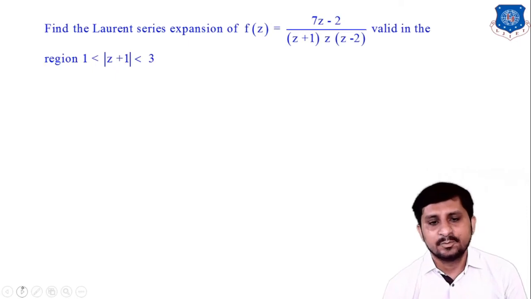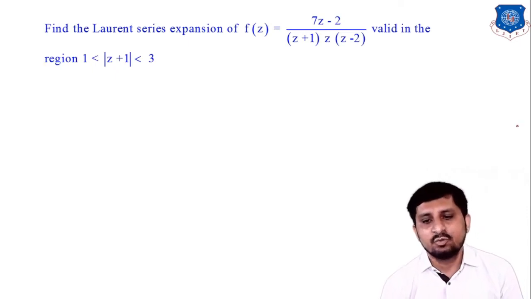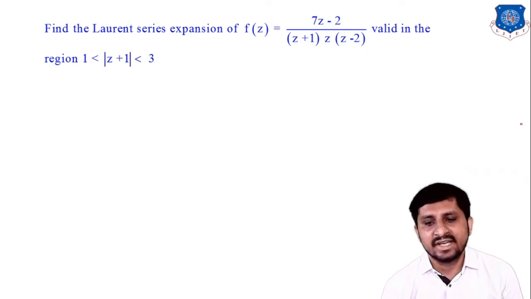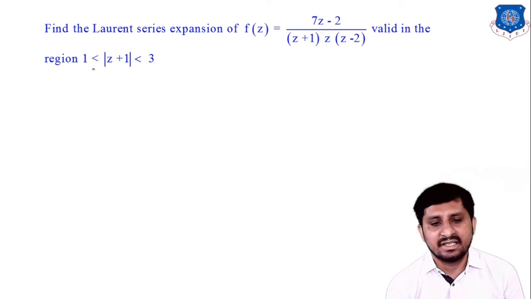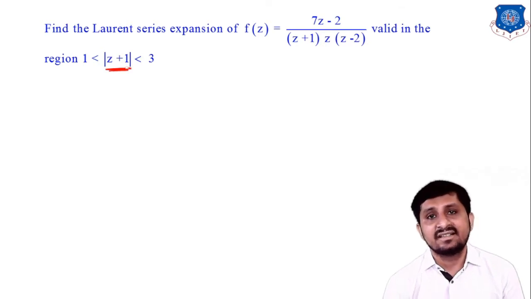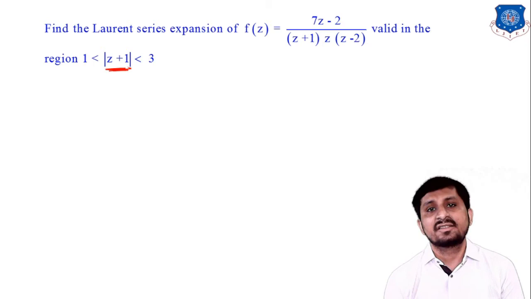Now the next example: find the Laurent series expansion of f of z equals 7z minus 2 upon z plus 1 into z minus 2, valid in the region 1 less than mod z plus 1 less than 3. From this region you can easily understand that you have to express the Laurent series in powers of z plus 1.